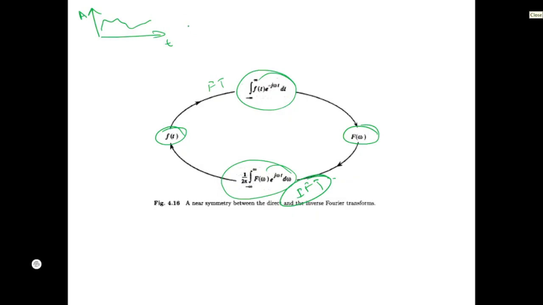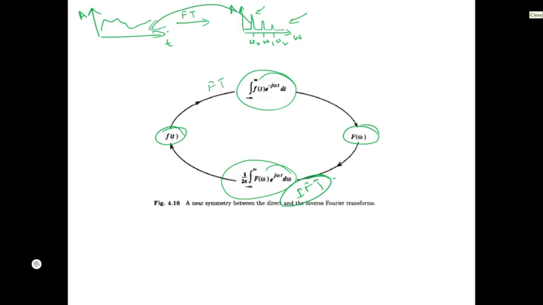So when we apply the Fourier transform, we get a signal like this, and here we will have some peaks at specific frequency components, say omega 0, omega 1, omega 2, and so on, and their height will be proportional to the contribution of these frequency components to the original signal.